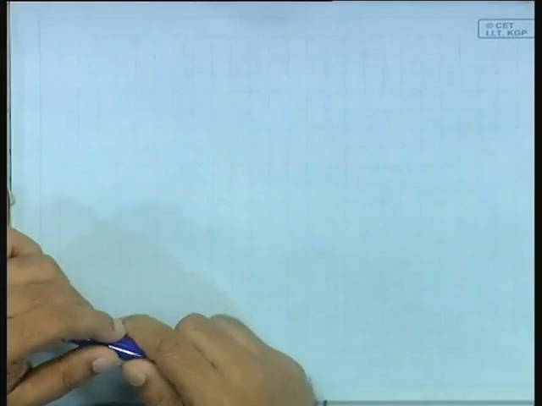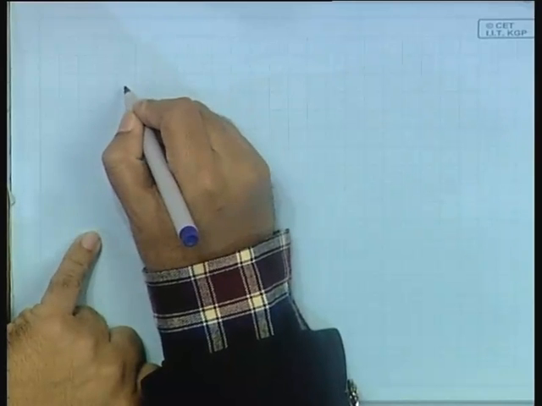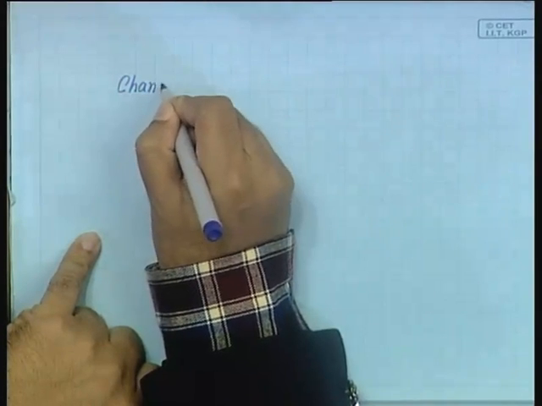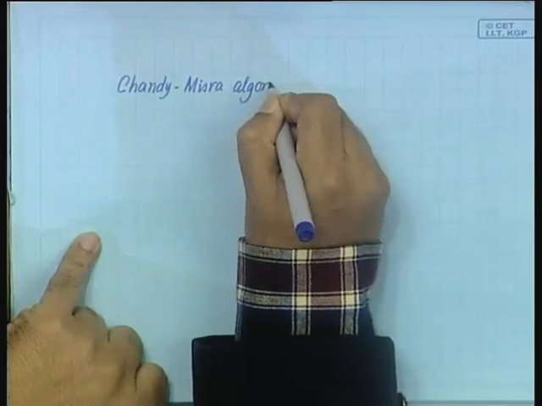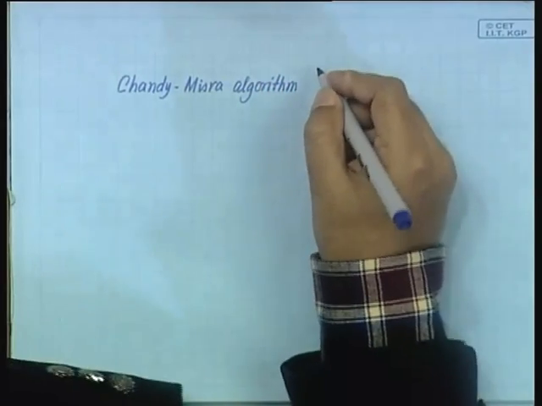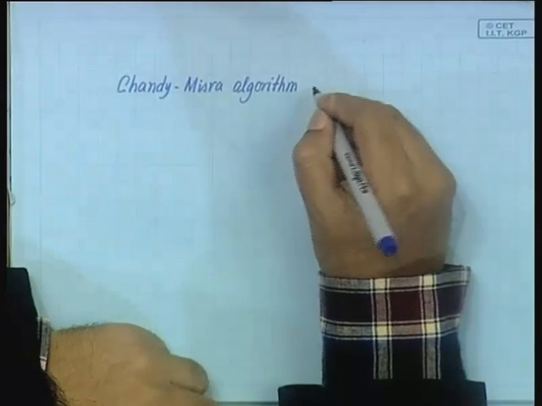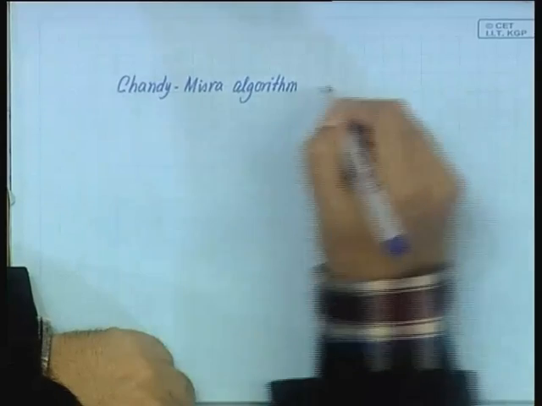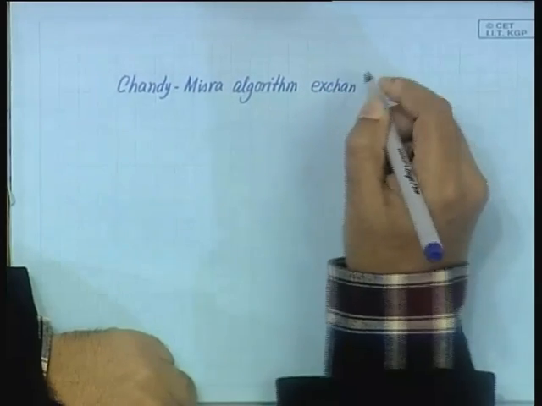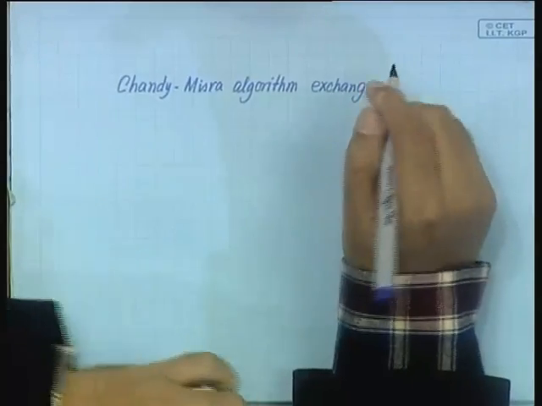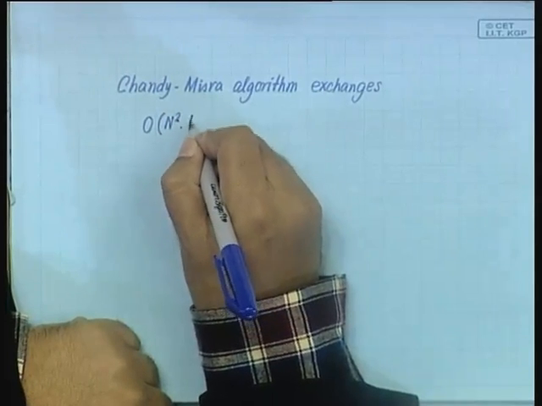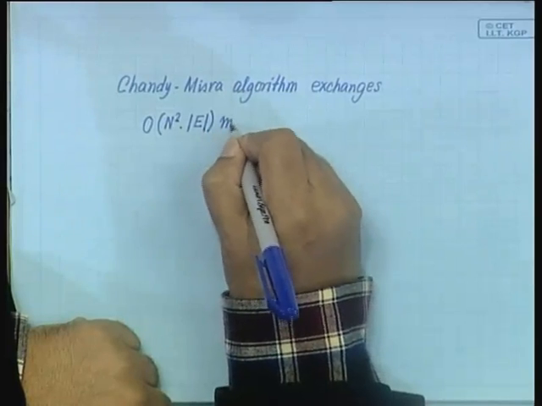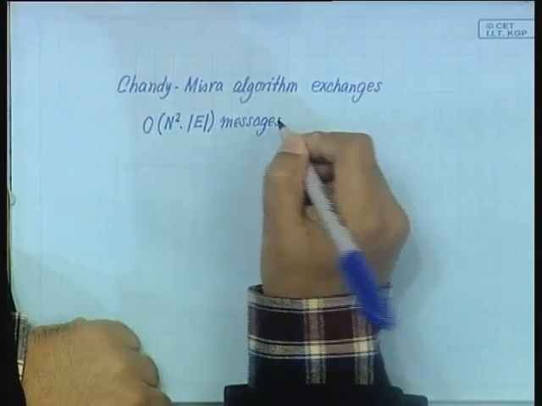Well, we can say that the Chandy-Misra algorithm exchanges order n square e messages in total.